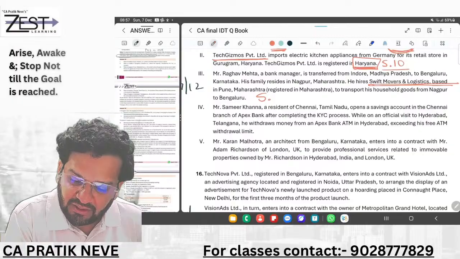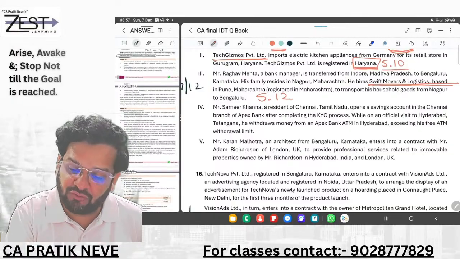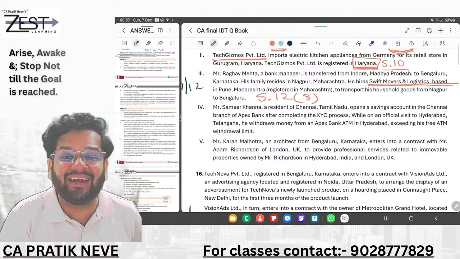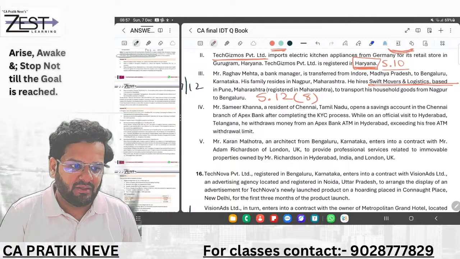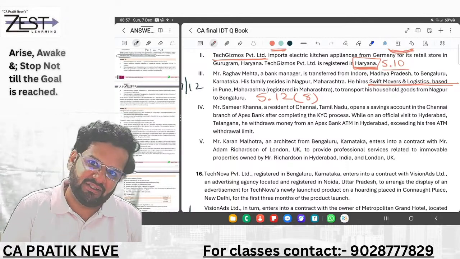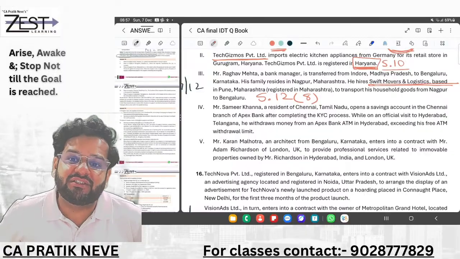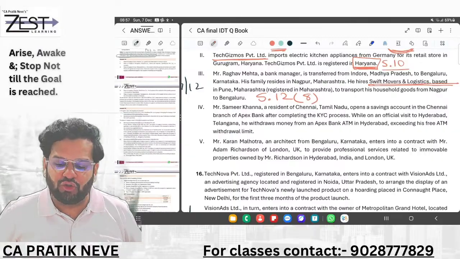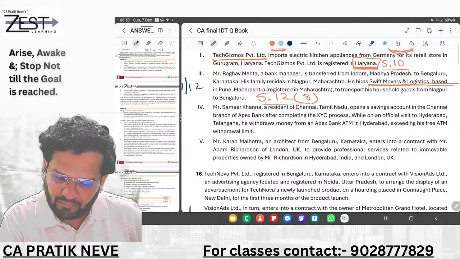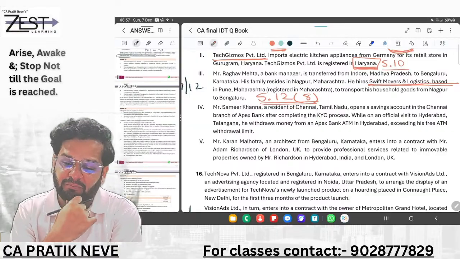Friends, this is section 12, transportation of goods, subsection 8. Section 12 because everyone is in India, supplier and recipient of supply also. 8 because it is services in relation to transportation of goods. So 12.8. What will be the place of supply?